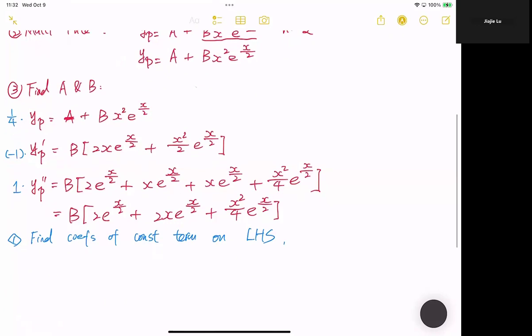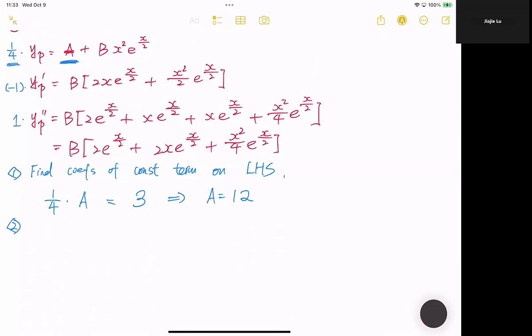You can see on the left-hand side, we have a lot of other terms, but only in your yp, you have a constant term. And the coefficient in front of this constant term is actually 1 over 4, because you have this, times a itself. And then this part should equal the constant on your right-hand side, which is 3. So this gives us a equals to 12.